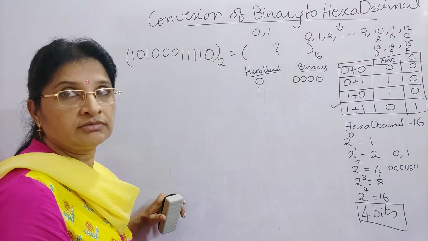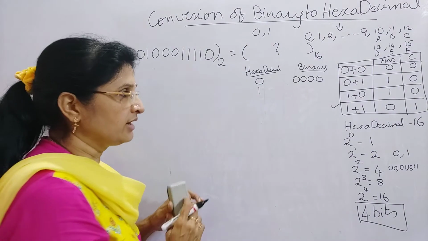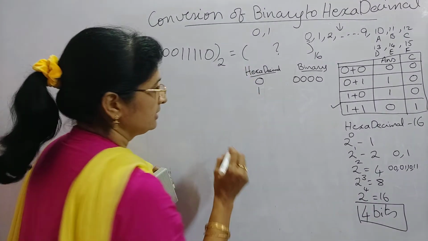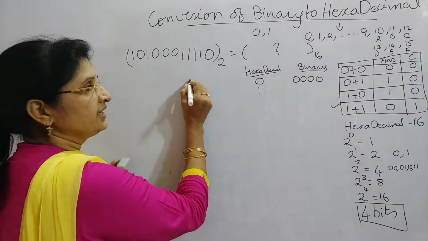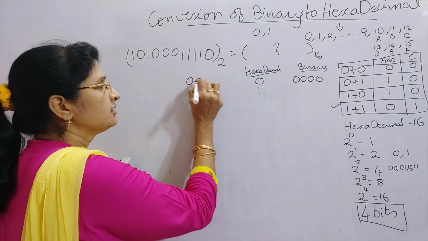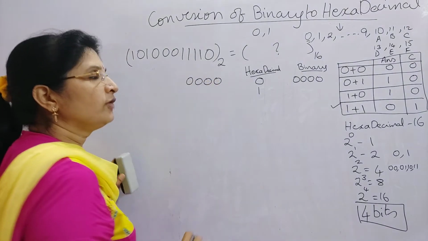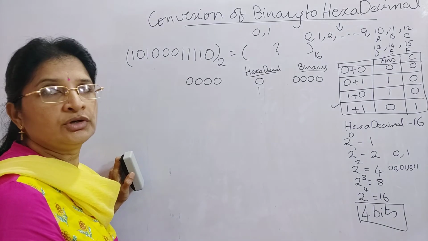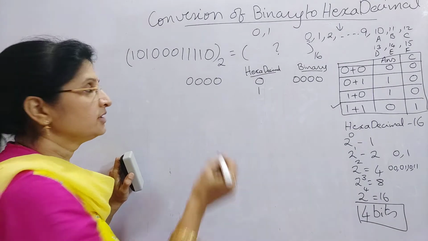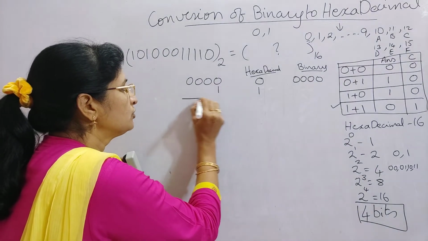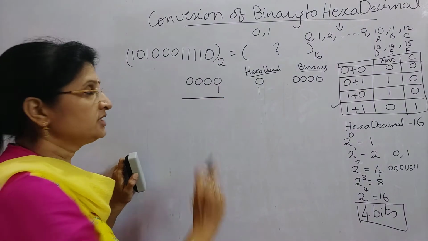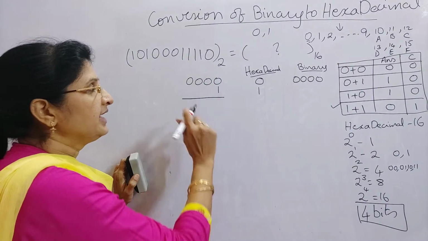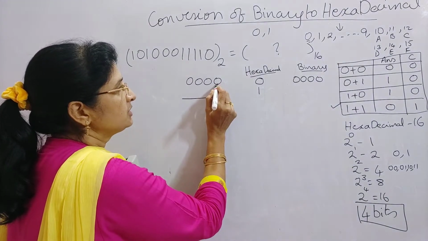Okay. Now you have to find the equivalent binary code for hexadecimal 1. See how it can be written. You take the binary value of 0 and add 1 to it to get the value 1. So you have to add this binary 0 with 1.